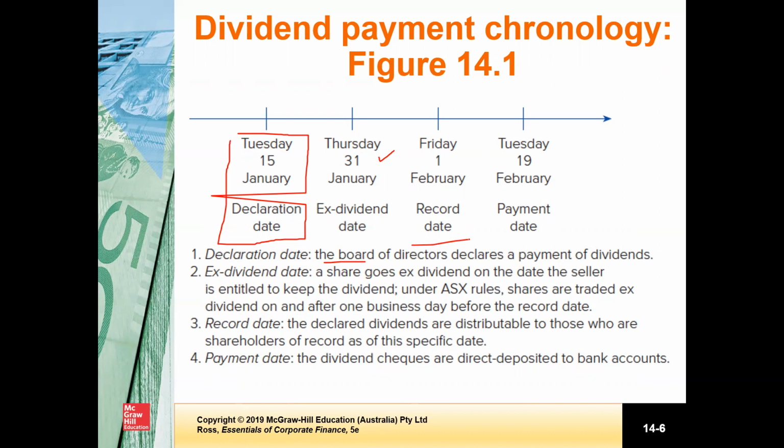The declared dividends are distributed to those who are shareholders of record as of the specific date. And finally, the payment date, for example, here, which is Tuesday, 19 February. Payment date is the date on which dividend checks are directly deposited to bank accounts.